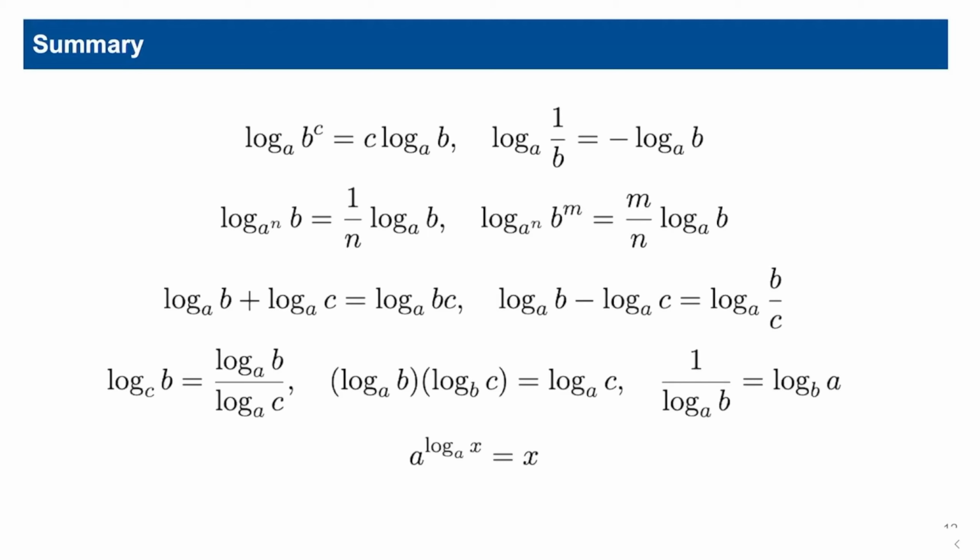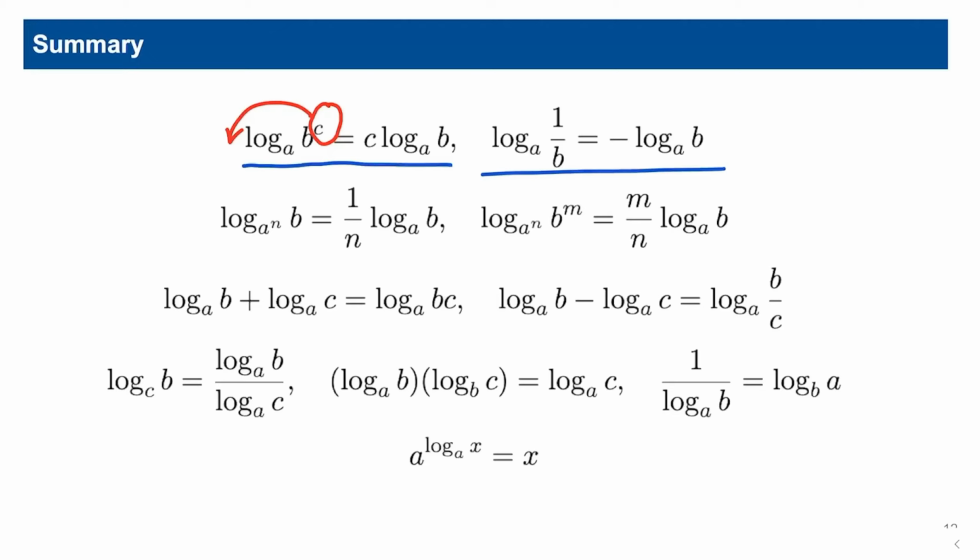Log base a of b to the power c equals c times log base a of b. Basically, it means the logarithmic function can help us bring the exponent from the shoulder of b to here as a linear coefficient of the term. Then log base a of 1 over b equals negative log base a of b.